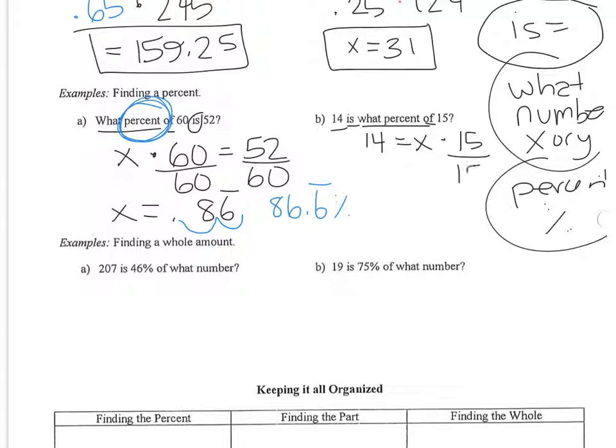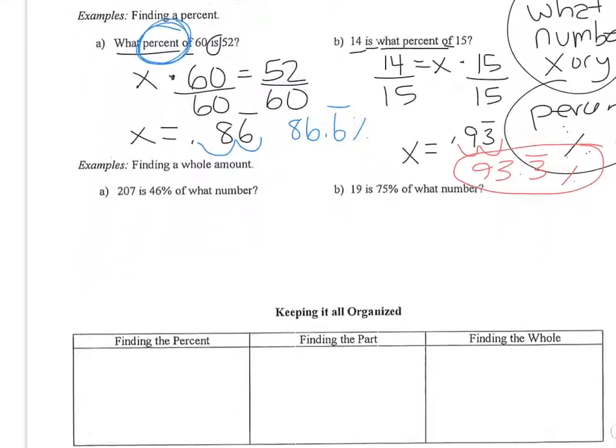So I divide by 15. X equals 14 divided by 15, and it's 0.93 repeating. So I have to move the decimal over twice again. 1, 2, so it's 93.3 repeating percent is my answer.